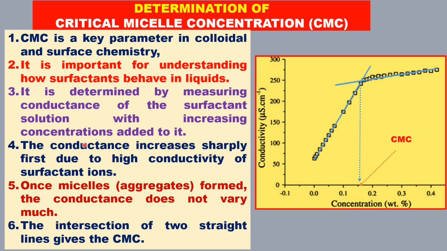The conductance increases sharply first due to the conductivity of free surfactant ions. At this concentration, the surfactant molecules aggregate to form micelles, a spherical structure. The conductance will be less because of aggregation, because of association of surfactant ions.